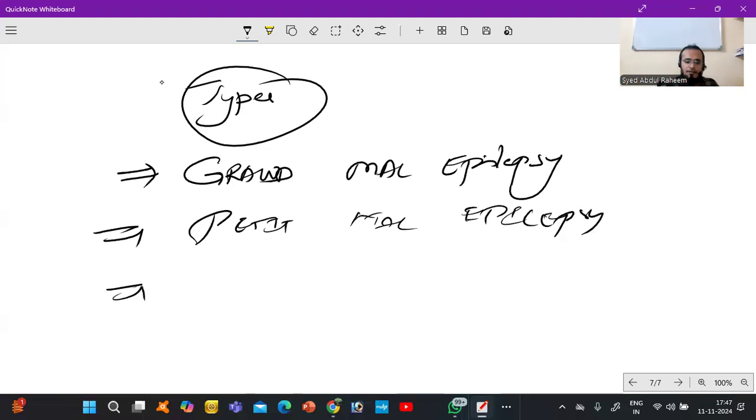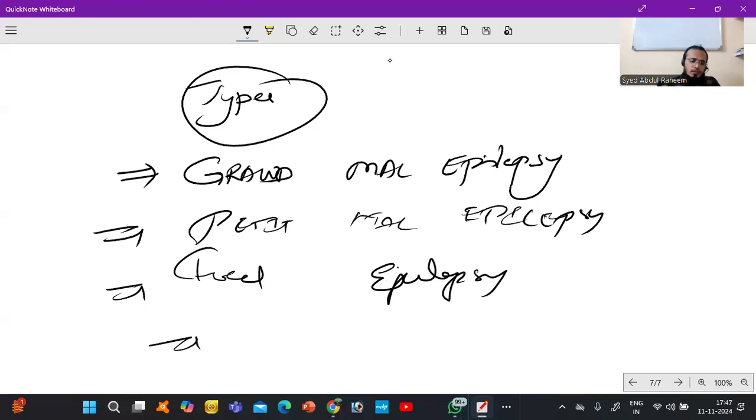Okay, and the third one is focal epilepsy, and the fourth one, which is not common, is Jacksonian epilepsy. These are the four types.